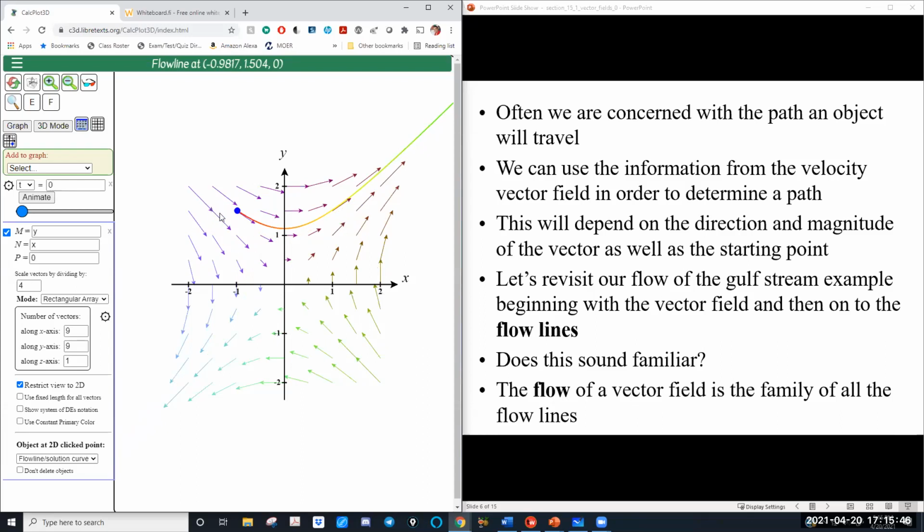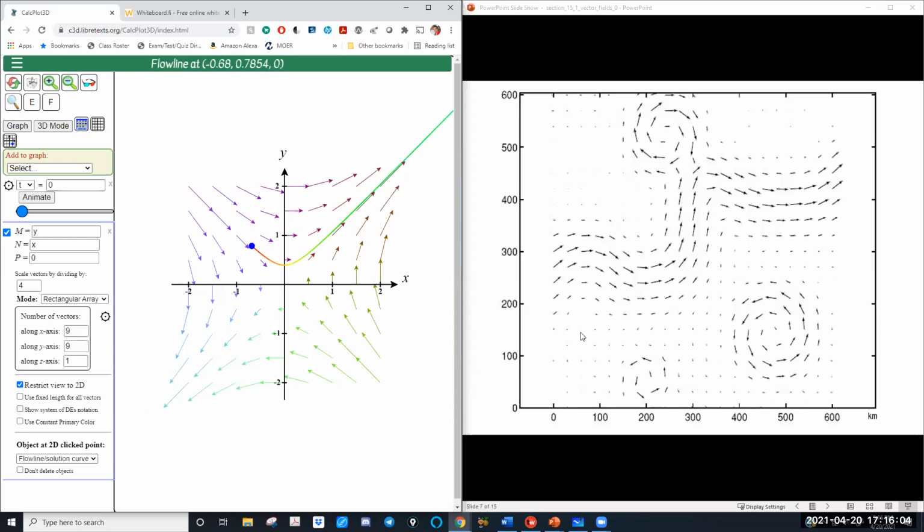All right. Now, we're not going to worry about the flow. Obviously, there's a whole bunch of different options. And we're not going to be finding flow lines in here. I just want you to be familiar with what they are, because we are going to be interested in paths that things take as they go through a vector field. So back to our Gulf Stream example, this was our vector field, our velocity vector field.